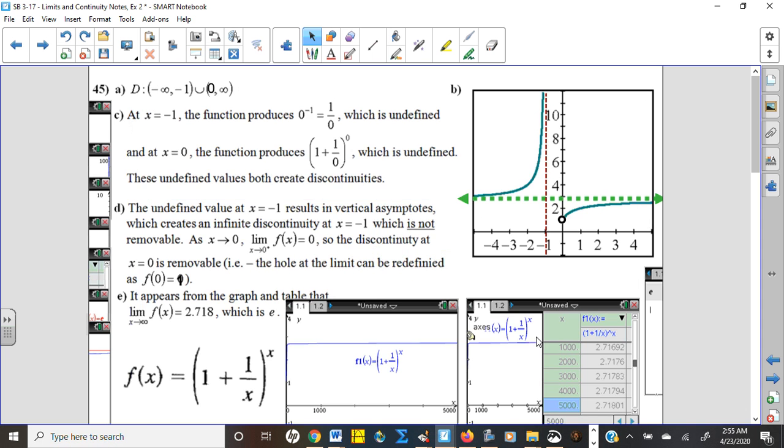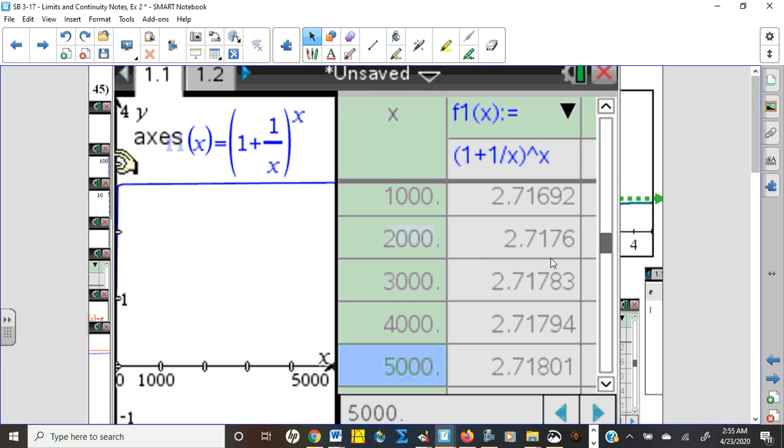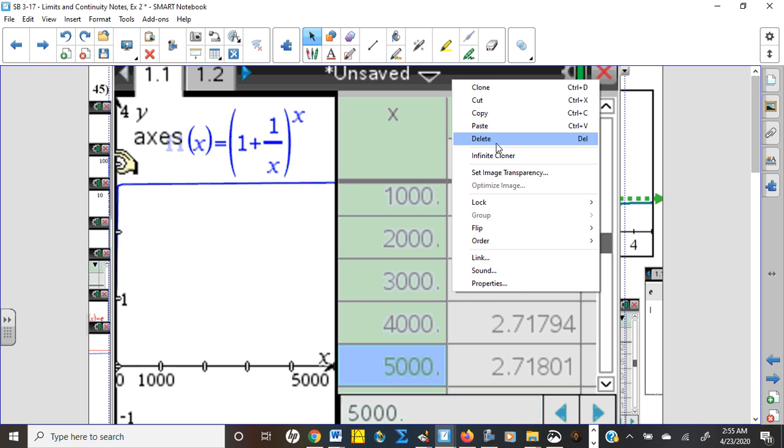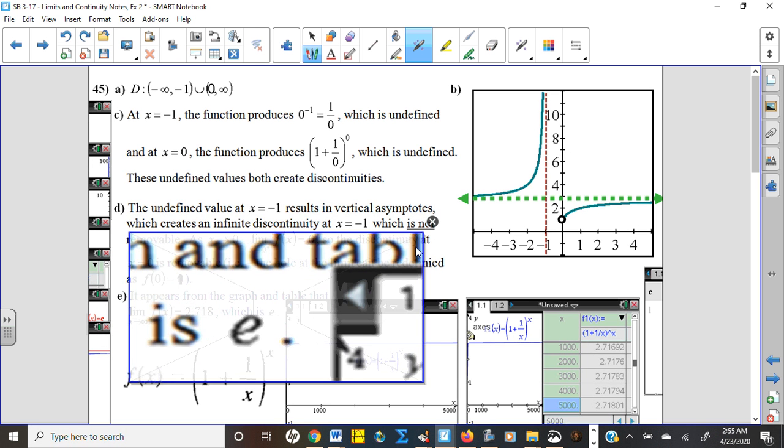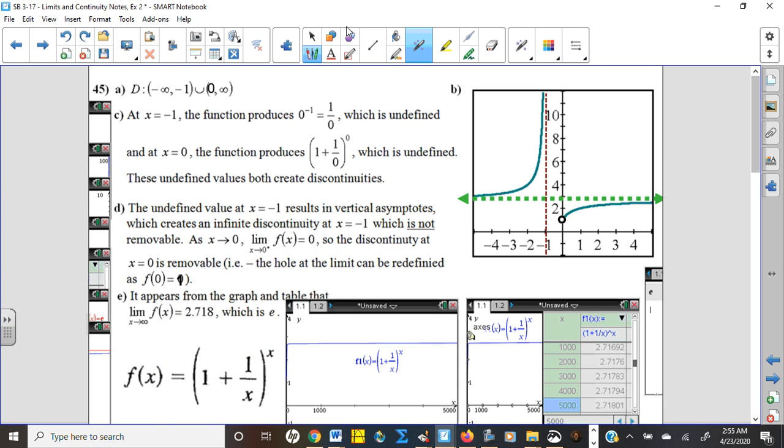This table shows us where it's flattening out: at about 2.7, a little more than 2.7, 2.717, and eventually we get up to 2.718. So that's what the answer says here, that we have a limit of about 2.718. But if we think about that value, it's really close to this number e that we're familiar with, right?